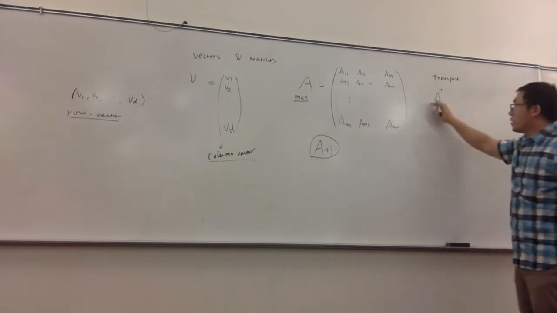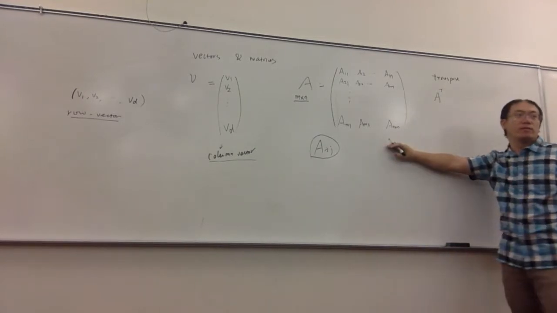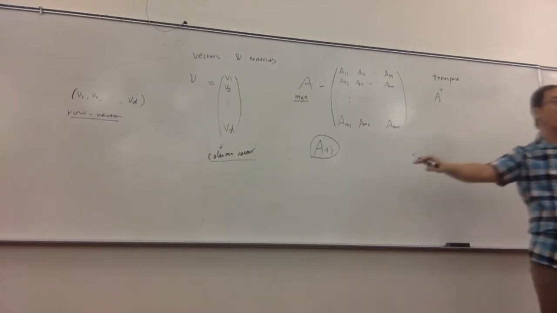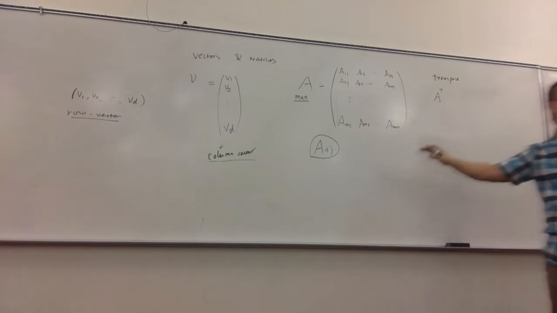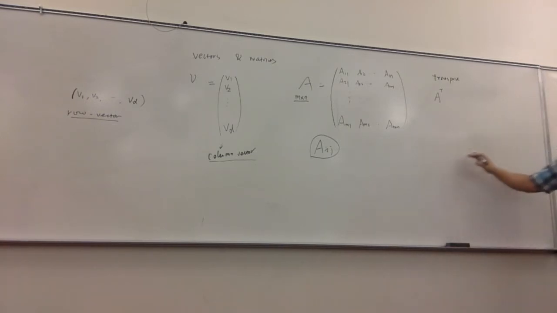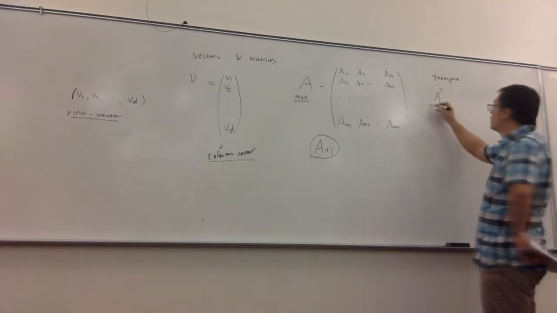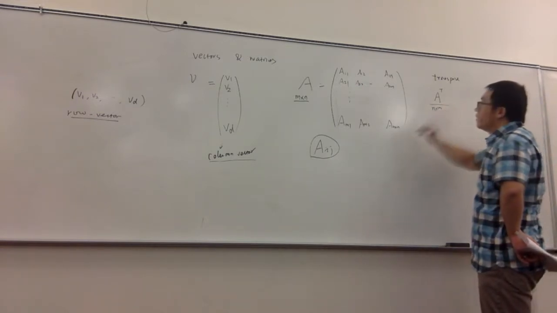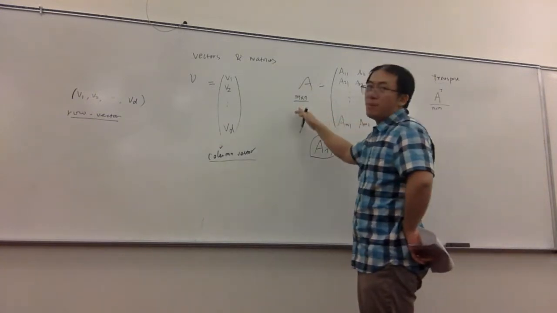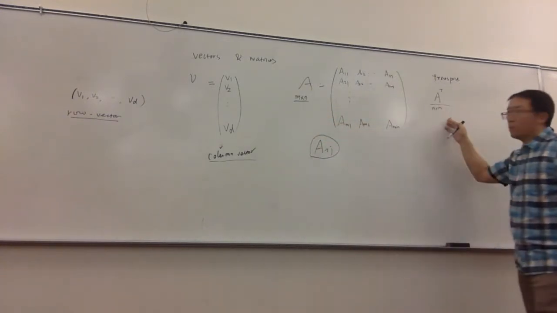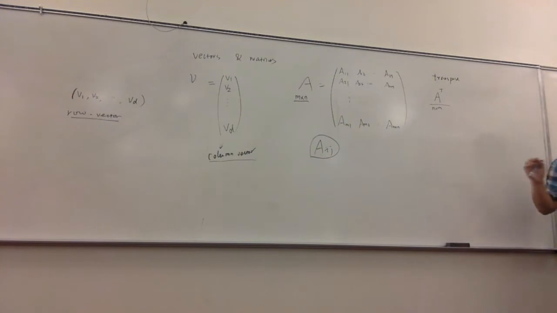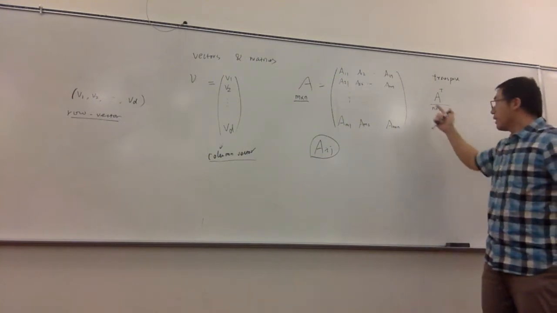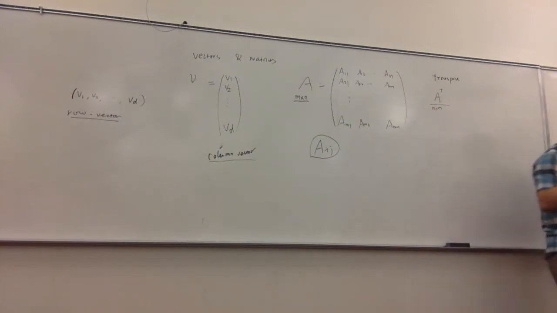So what's the resulting matrix for the transpose of A? Anyone recall? Yeah, n by m matrix, right? The original matrix is of size m by n, and then transpose A will end up with an n by m matrix. Then how are the elements in A transpose arranged?